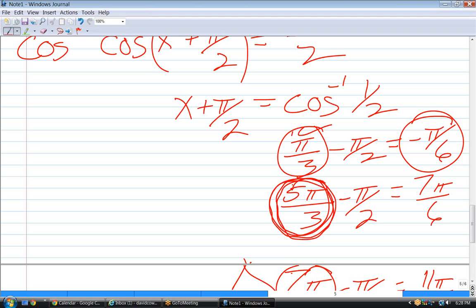We're going to find every single place, going up as high as we have to, subtracting pi over 2 from it, and taking all of our answers that are inside our domain from 0 to 3 pi.